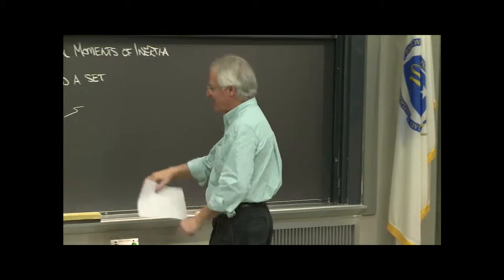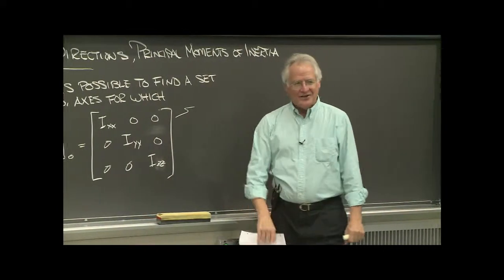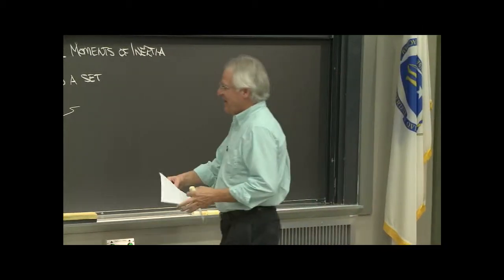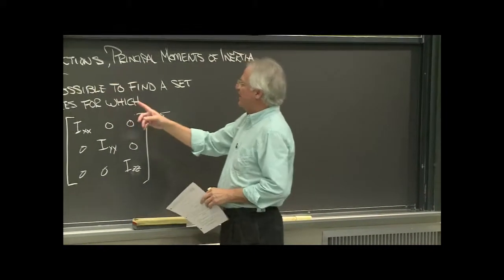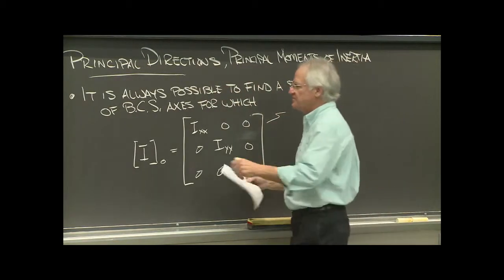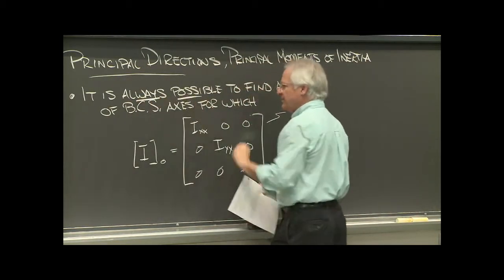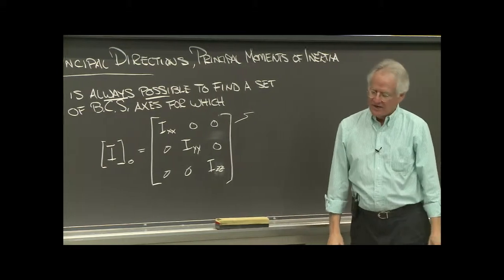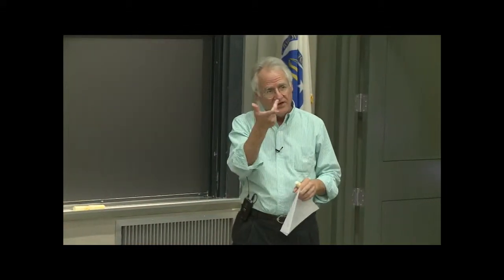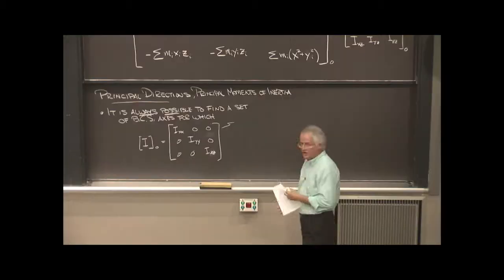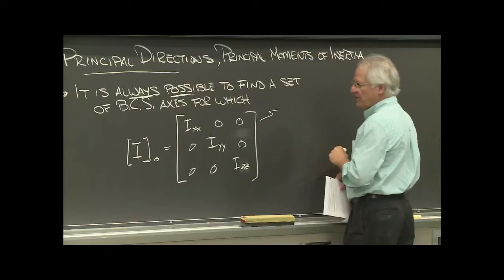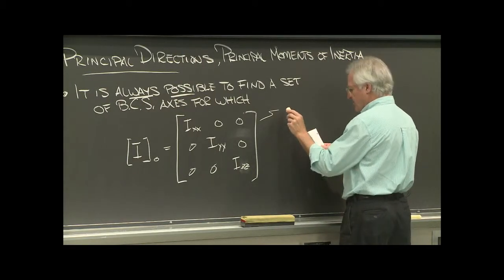Little zeros are fighting. Anyway, there are 9 places to be in this matrix. And let me simply say it is always possible, interestingly enough, you pick the object, doesn't matter how complicated it is, there is always some choice of directions for this body coordinate system for which the moment of inertia matrix is diagonal.